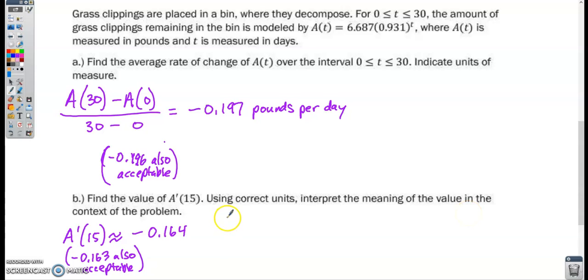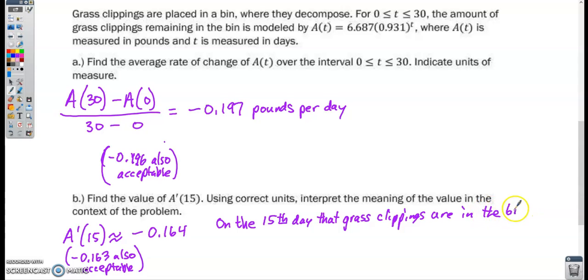So on the 15th day that grass clippings are in the bin, so I've used units and explained the time on the 15th day that grass clippings are in the bin.